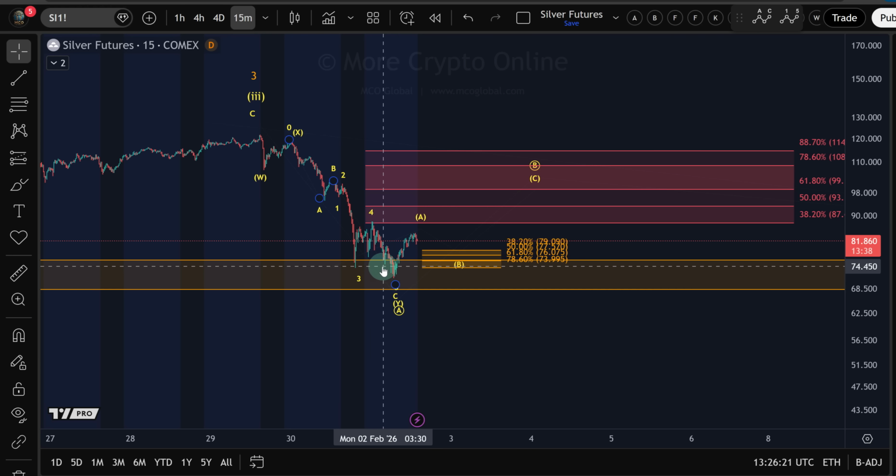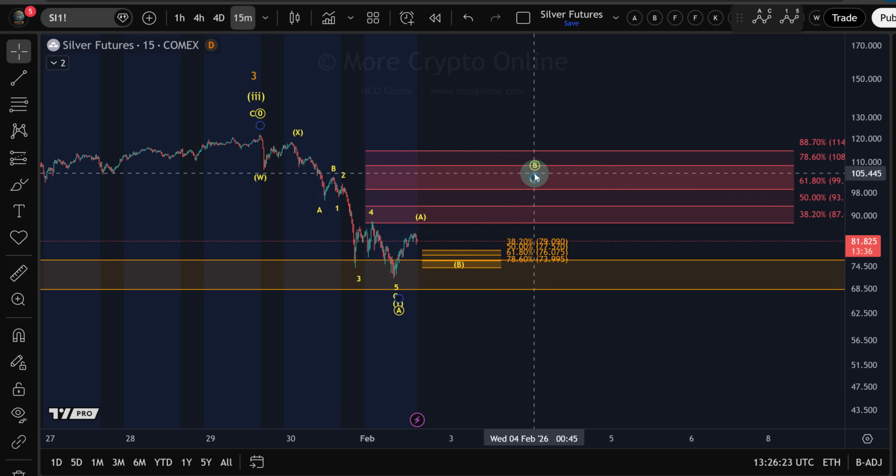The move to the upside might have been the B wave, or might be the B wave actually. The idea was for this week for the market to start a B wave bounce. Very, very important: that's not an absolute call, but it's an idea, obviously, right? That's the thesis, that the price could start that B wave bounce.